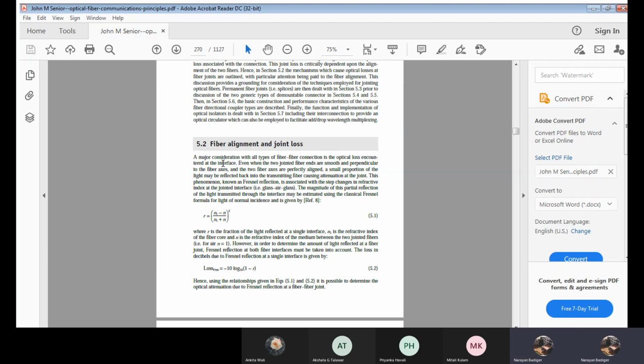Okay, now with respect to the different types of fiber to fiber connection which we try to establish at the interface. Okay, even though the jointed fibers, whatever we find, are smooth and perpendicular to the fiber axis, see, observe the thing here, even though the ends are smooth, meaning not blunt or not cut in a different manner so that the light wave may be lost.